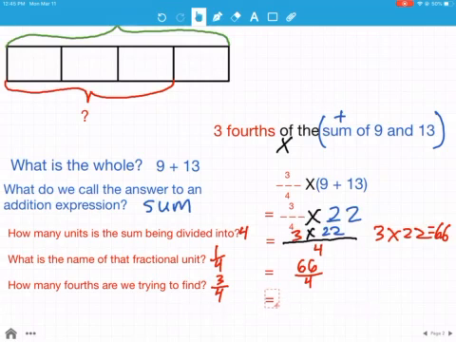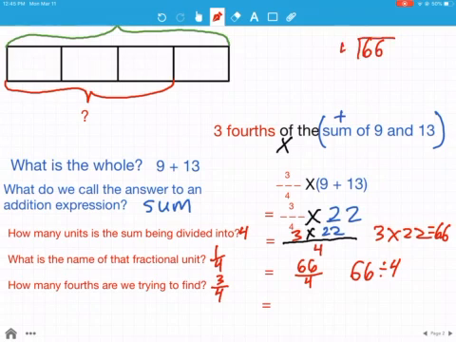Now we have to change this into a mixed number. So we have to do 66 divided by 4. Now, somewhere you're going to have to do this. I'm going to do it up here. 6 divided by 4 is 1, with a remainder of 2. Now I have 26 divided by 4.